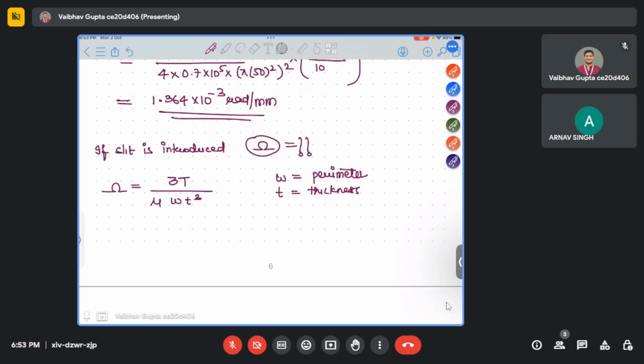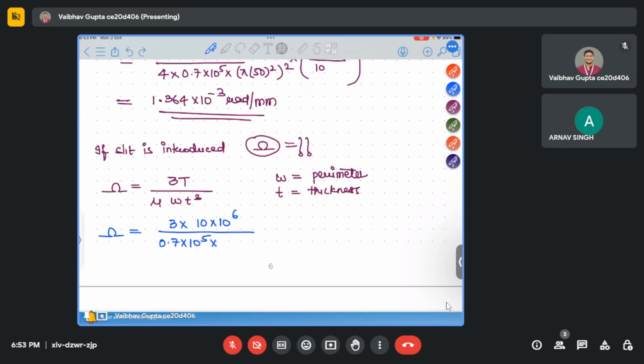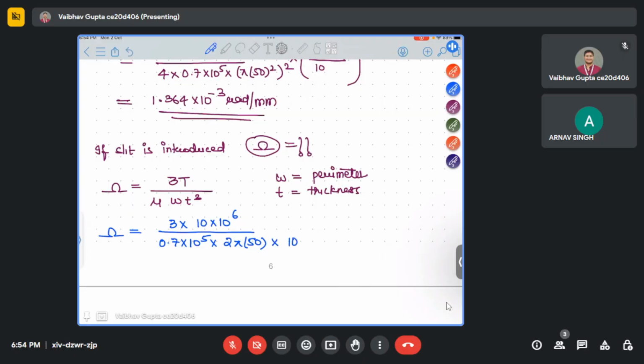So the angle of twist per unit length will be equal to 3 into torque, given to us as 10 into 10 to the power 6, shear modulus given to us as 0.7 into 10 to the power 5, perimeter we calculated as 2 pi rm, the circumference, and t is 10, cubed.